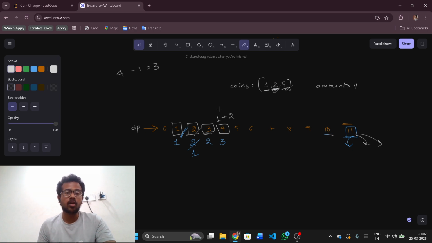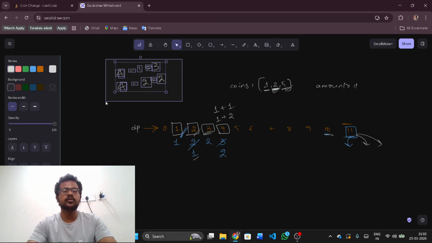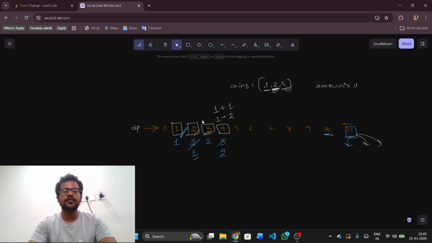If I take coin number 2, I'm taking one coin. 4 minus 2 is 2 again. To make 2, I need just one coin. So 1 plus 1 is 2, which is lesser than 3. I'll update. Now, do I take 5? No, because 4 is lesser than 5. So let me remove this and also this.